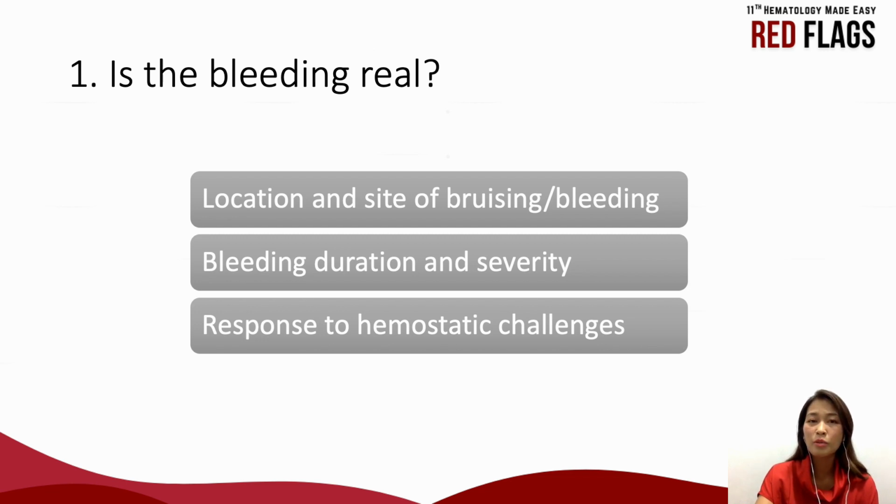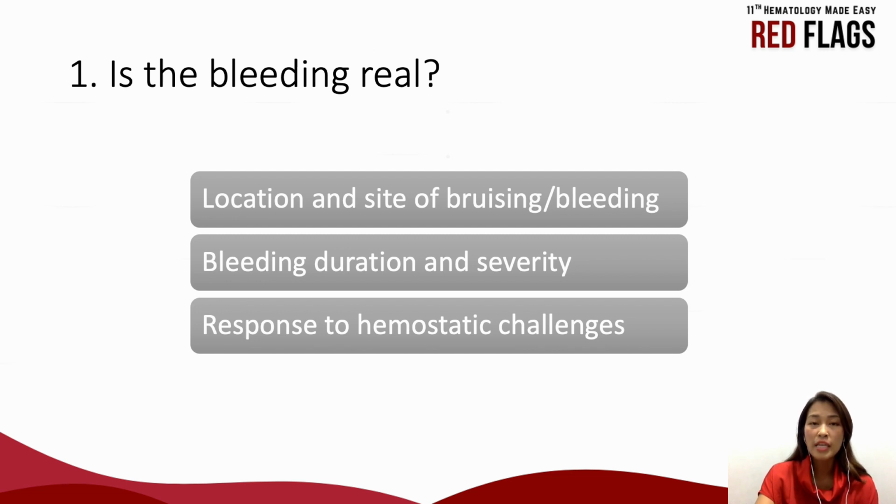Hemarthrosis, retroperitoneal hematoma, or soft tissue hematoma formation not associated with any trauma, if present in a patient, are typical manifestations of coagulation defects or problems in secondary hemostasis. Next, we should ask about hemostatic challenges the patient has experienced and what the response to that hemostatic challenge was.